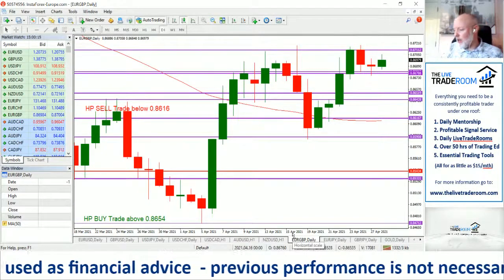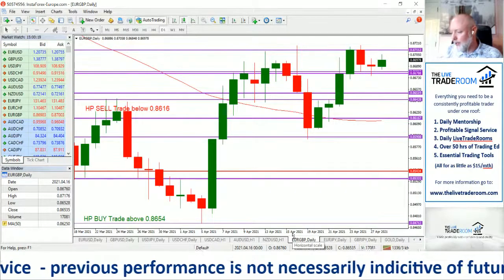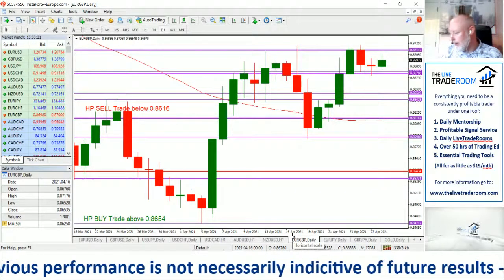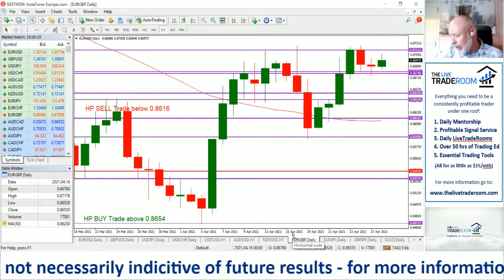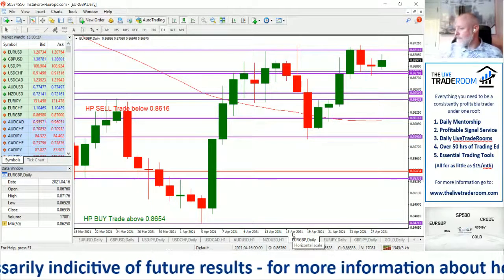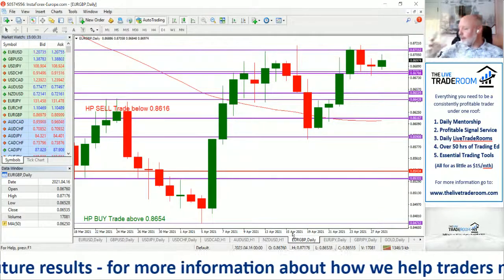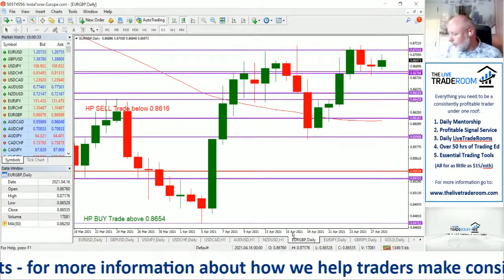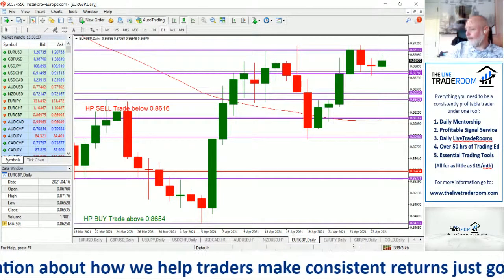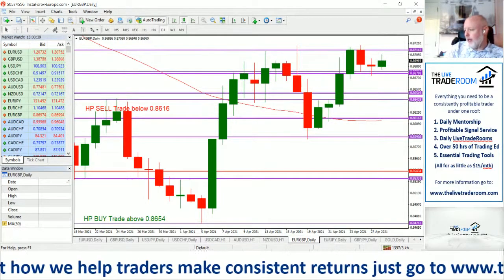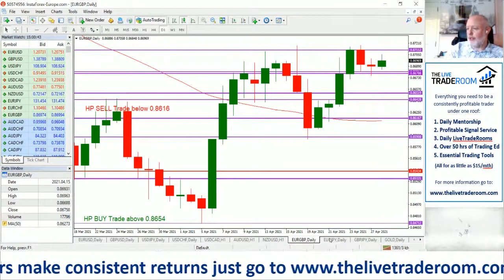Plus we've got a few dollar trades that are just ticking away in the background, like a dollar CAD trade to the downside. So let's see if we get any kind of continuation on these trades.